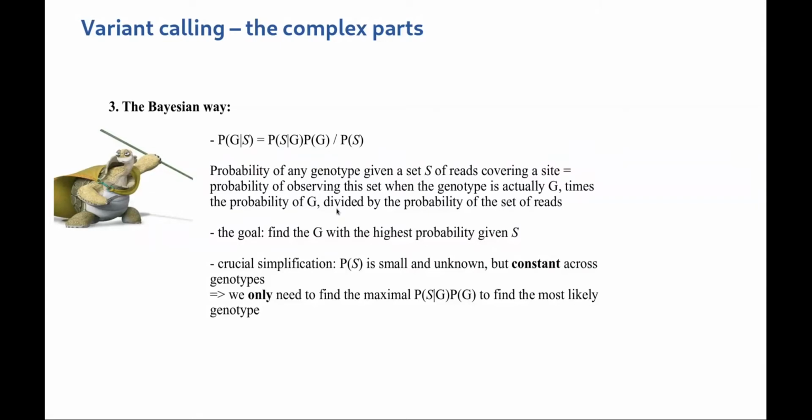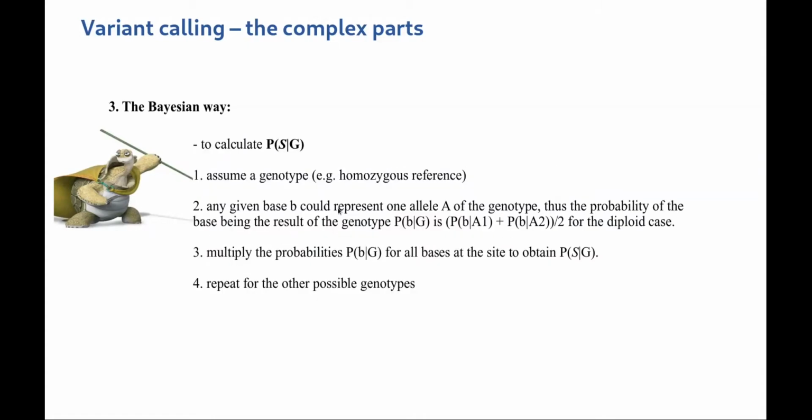Now let's tackle the remaining parts one by one. So how would you calculate the probability of observing the set of reads given a certain genotype? Well, first step, you assume a genotype. There aren't that many possible ones, right?